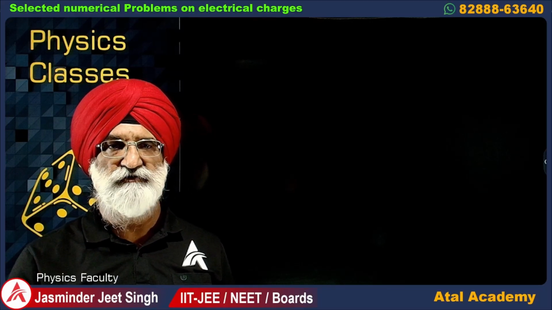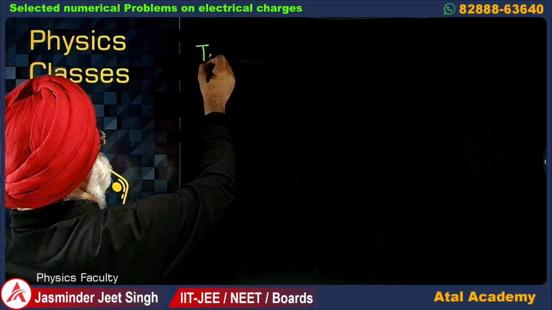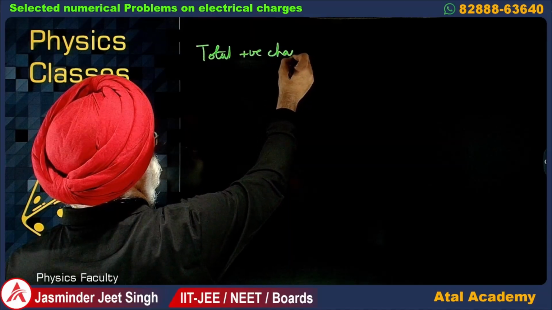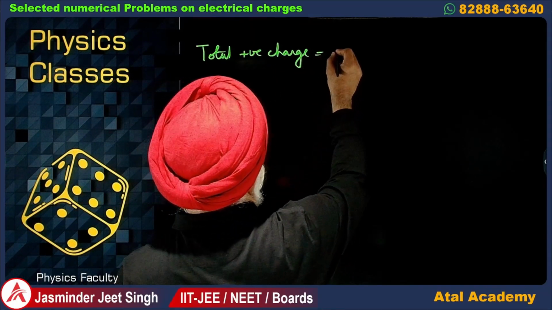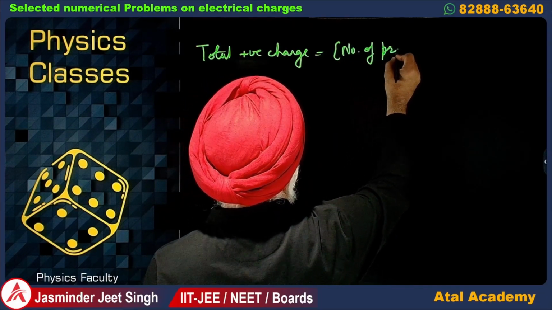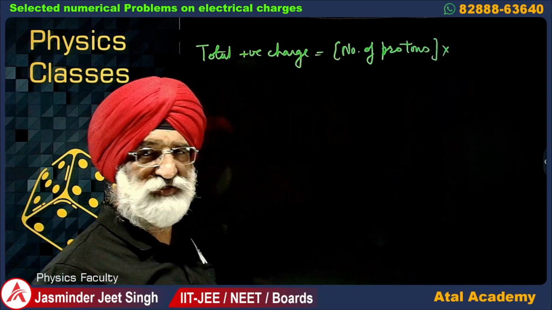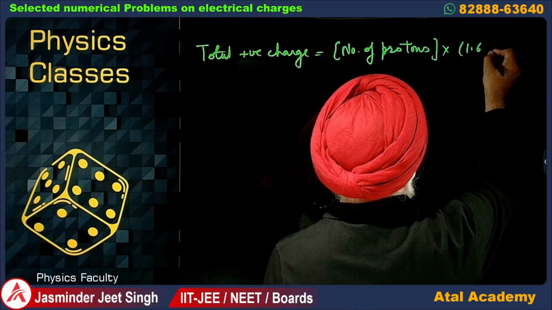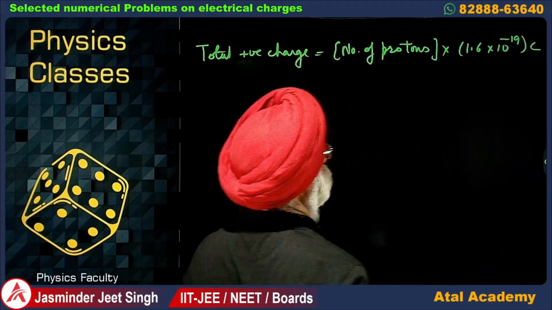In order to calculate the total positive charge, we will calculate the number of protons into the charge on one proton, which is 1.6 into 10 to the power of minus 19 coulombs.